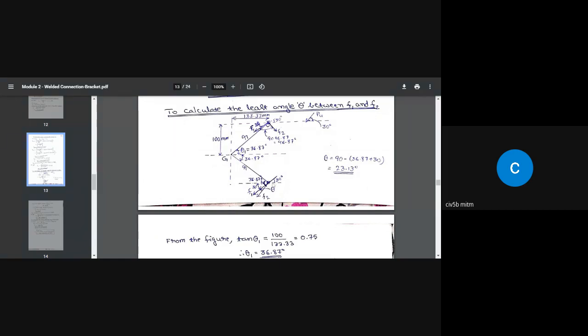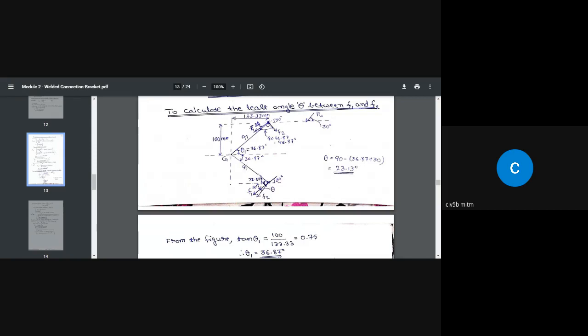Similarly, if you consider unit area of the weld here, again, this F1 is acting parallel to this load. That means this is making an angle of 30 degrees with respect to the horizontal. And this F2 is perpendicular to this.